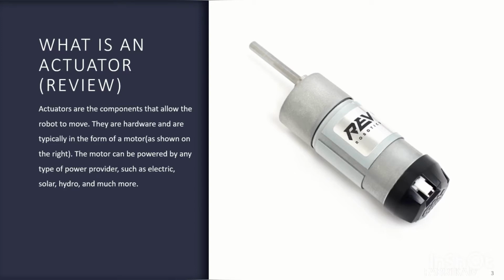We can see that it looks like it can probably move and rotate. The motor can be powered by any type of power provider, such as electric, solar, hydro, and much more. But this Rev Robotics motor is powered by electrical energy, converting to mechanical energy. I'll talk about that in a bit.